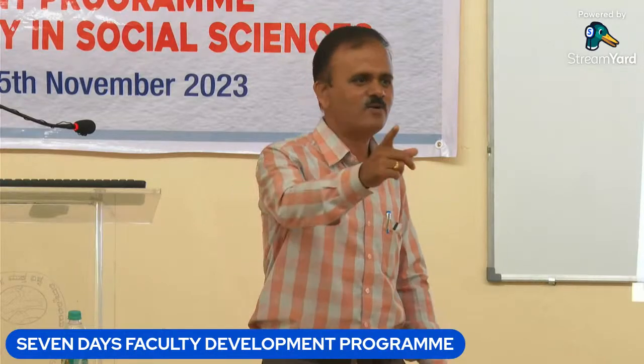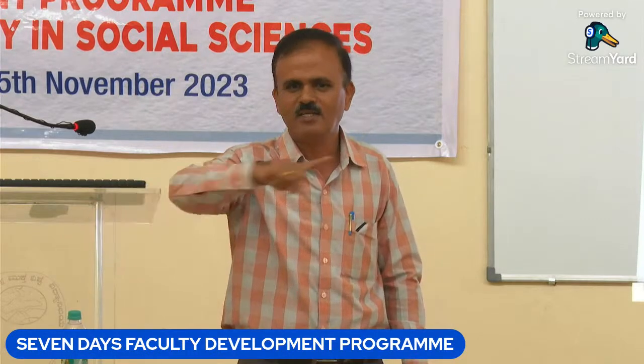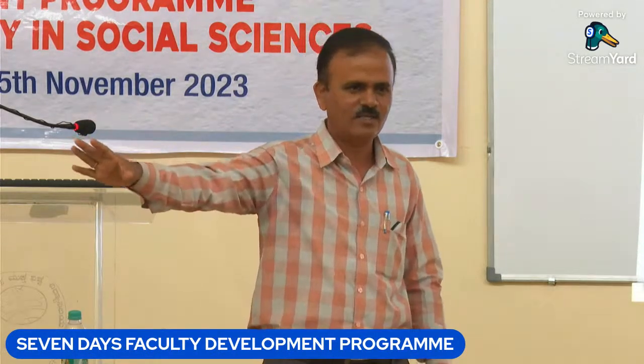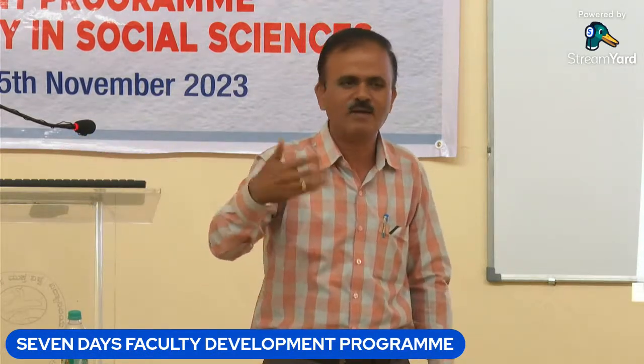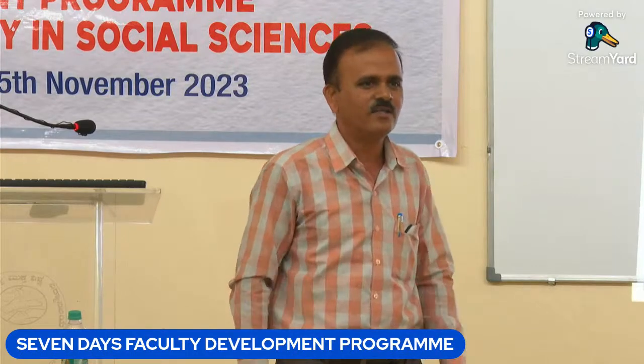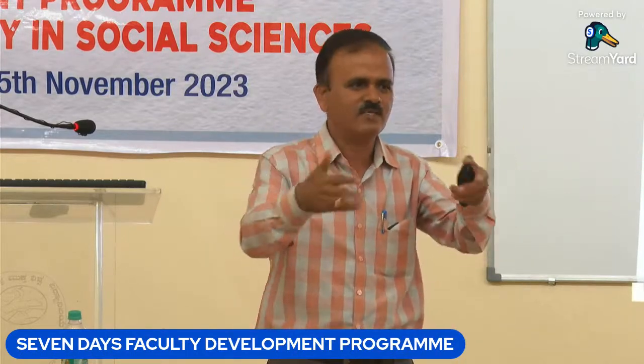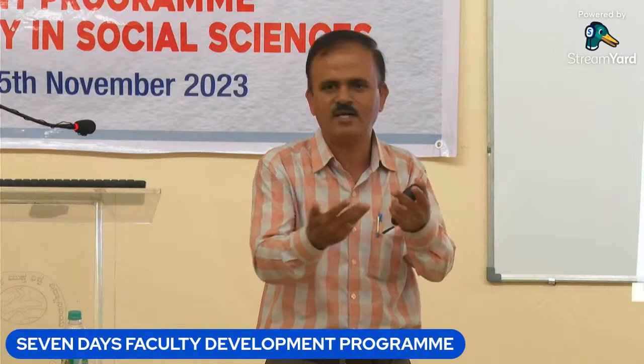There are scientific methods for determining the sample size. In the majority of cases, if we ask a researcher how they arrived at this sample size, there is no answer. For example, you say the sample size is 400. Then what is the justification for this 400?